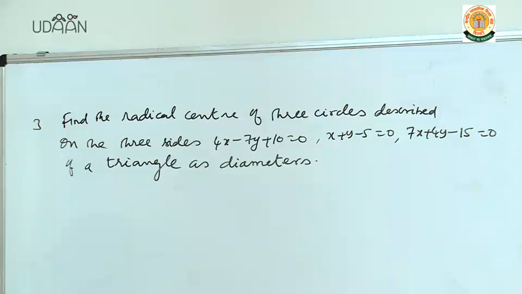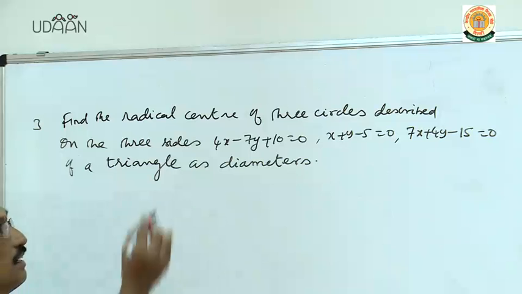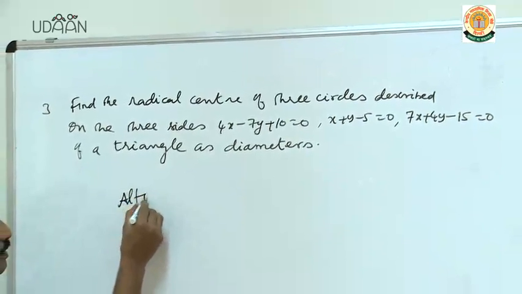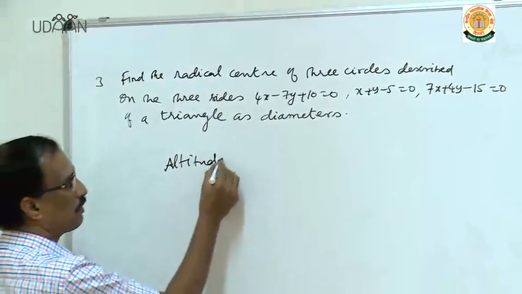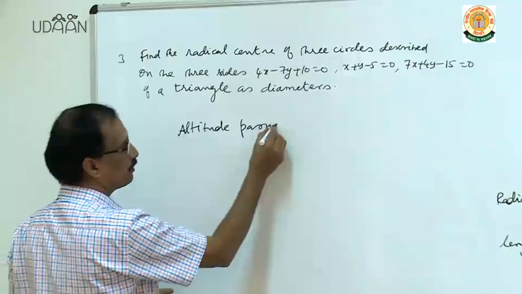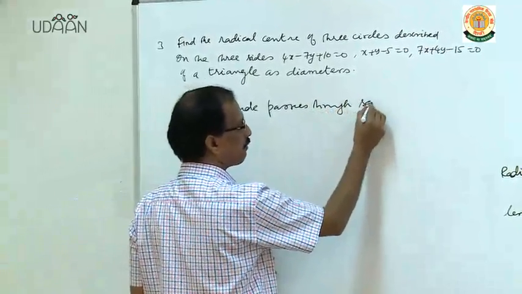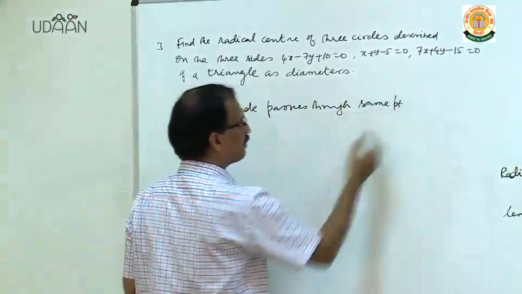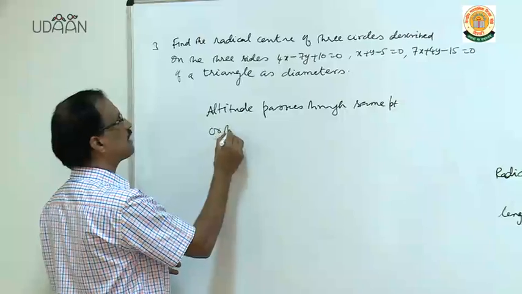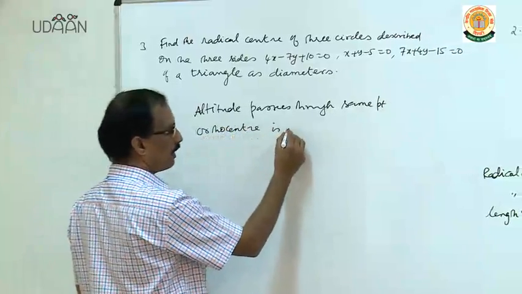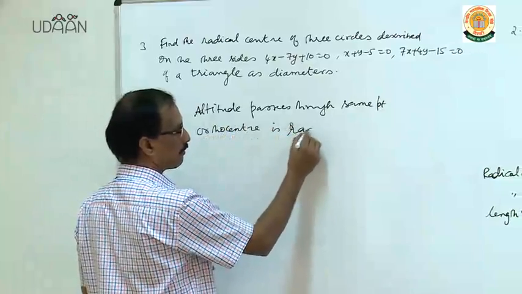What was mentioned there? If the circles are drawn with the sides as diameters, then the altitudes pass through the same point, that is the orthocenter, which is your radical center.